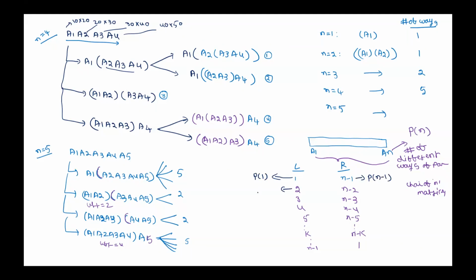This one left side, P of 2; left side P of 3, right side P of n minus 3; and this one left side P of k, right side P of n minus k, and this one. Are there any possibilities other than whatever is listed here?